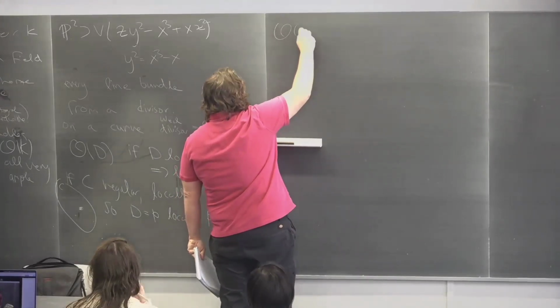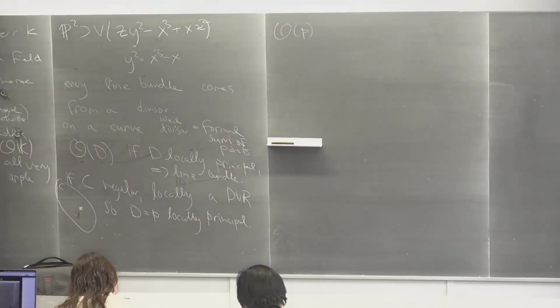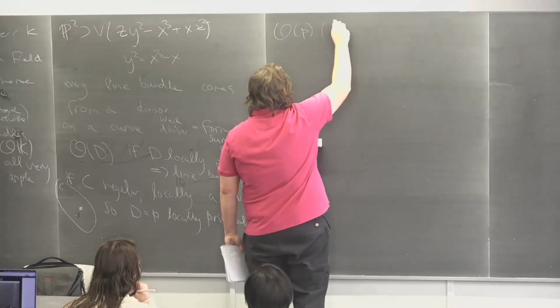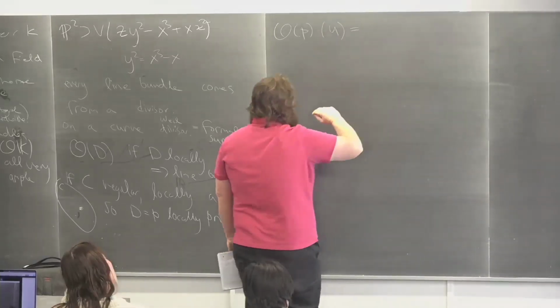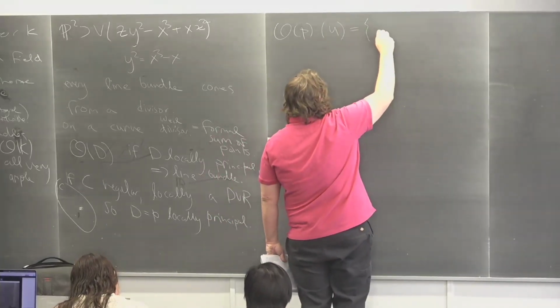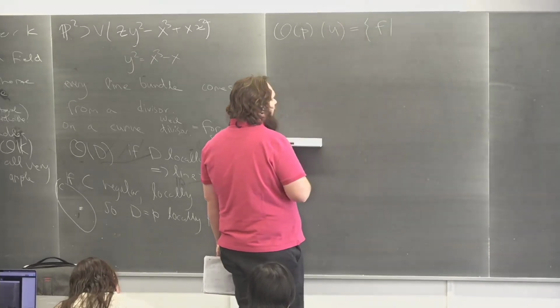So what happens if I look at O of P? So here I'm using the divisor that's 1 point. Let me remind you, what is this? This is the line bundle whose sections are rational functions.